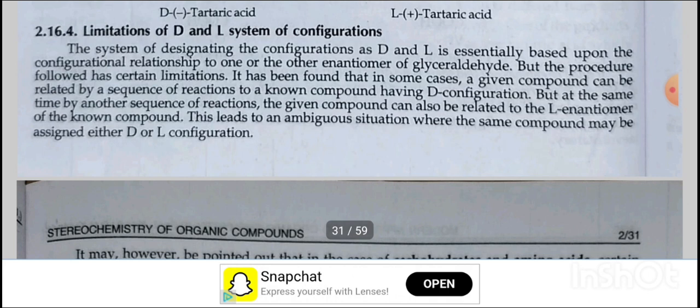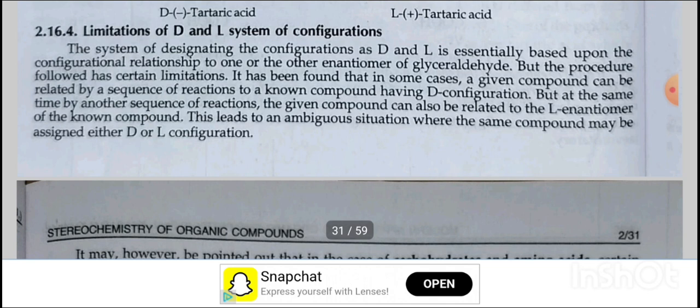Limitation of the D and L system of configuration. The system of designating the configuration as D and L is essentially based upon the configurational relationship to one or the other enantiomer of glyceraldehyde, but the procedure followed has certain limitations.